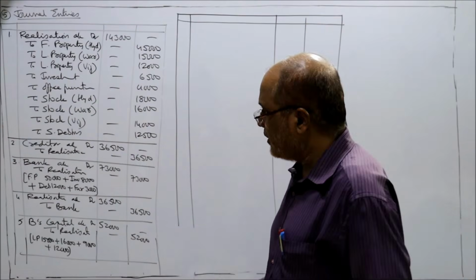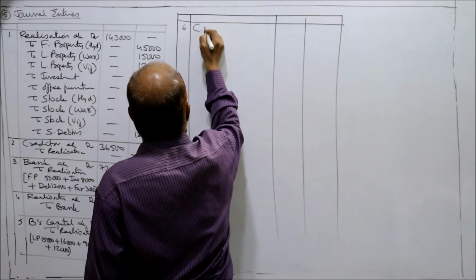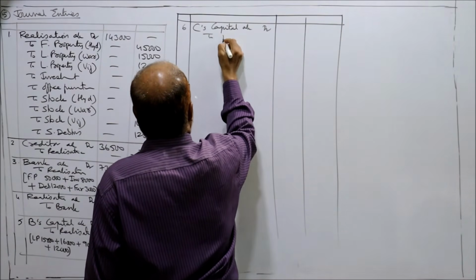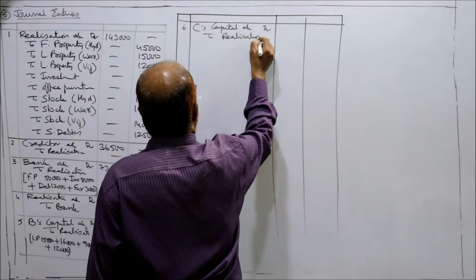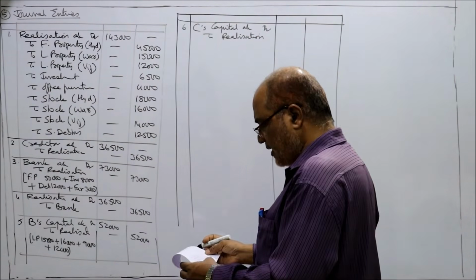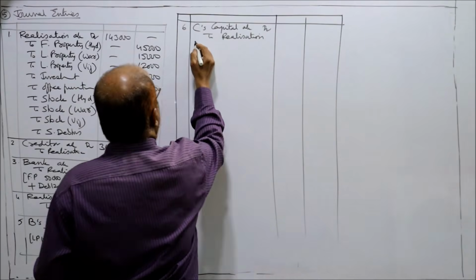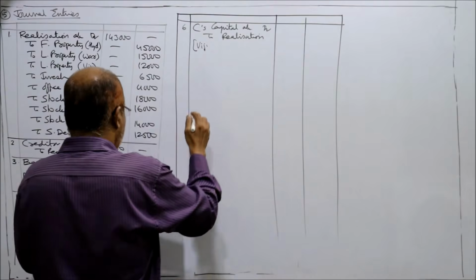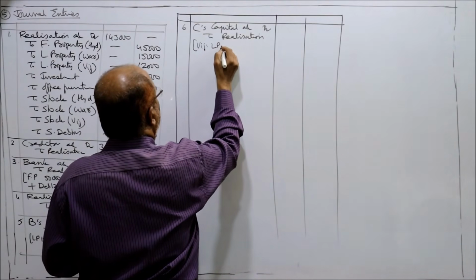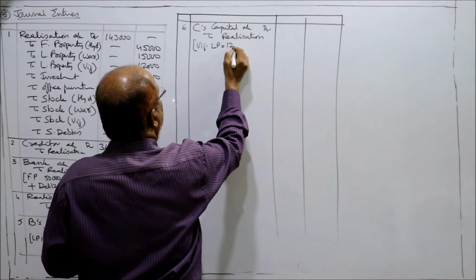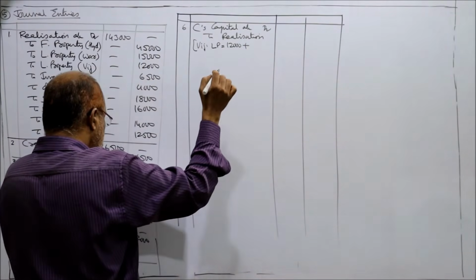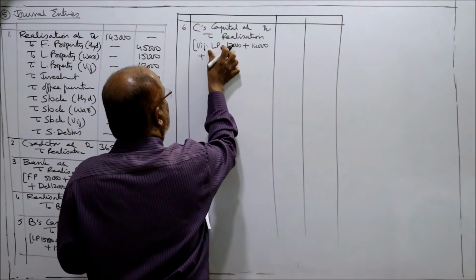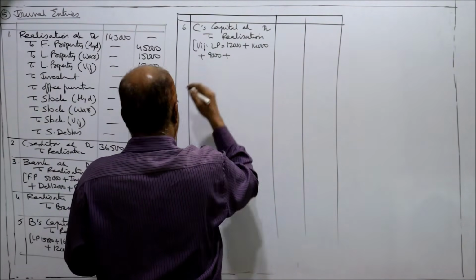Similarly, C's capital account. C's capital account debit to realization. Now, C is taking over the Vijayawada business. So the Vijayawada business leasehold property, it is taking over at 12,000, plus the Vijayawada business stock 14,000, plus Hyderabad stock 9,000, plus goodwill.